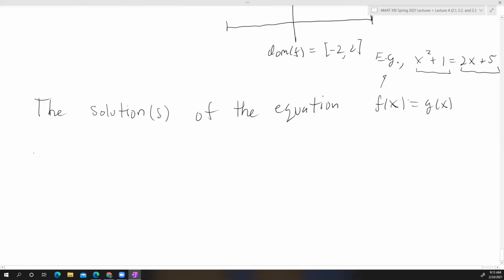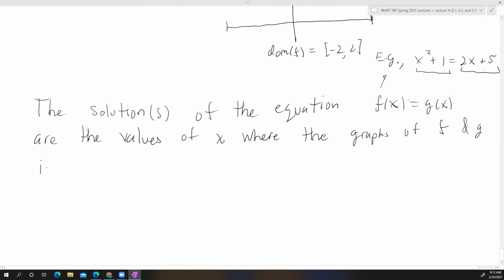So the way you read this equation right here, f of x equals g of x, is by saying that the solutions of the equation are the values of x where the graphs of f and g intersect.